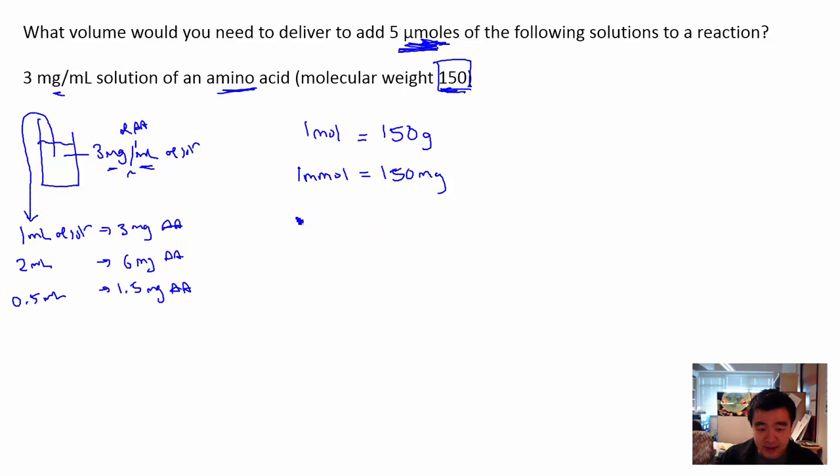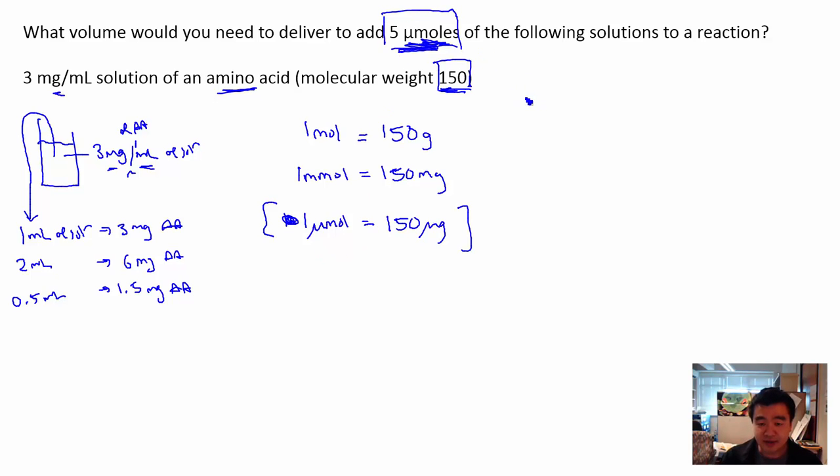So let's go one further and go from milli to micro. 1 micromole of this amino acid is equivalent to 150 micrograms of this amino acid. So now we have a conversion between micromoles and micrograms. Let's come back up here to how much we actually need.